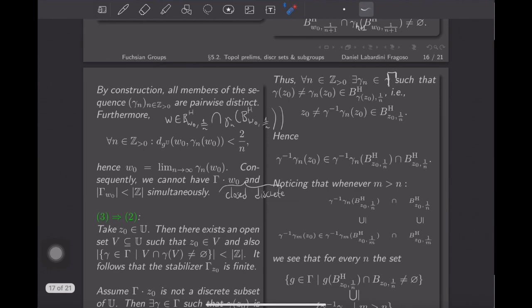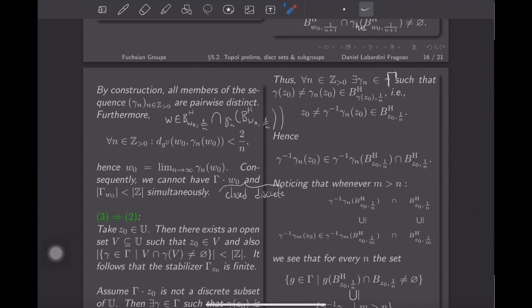And so what I obtain is that this point is here, but of course also Z naught itself is in this disk, it's the center of the disk. So when I apply gamma inverse gamma n to it, that one is in the image of this disk under the transformation.